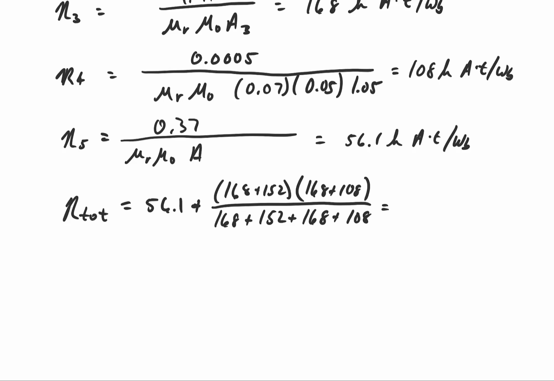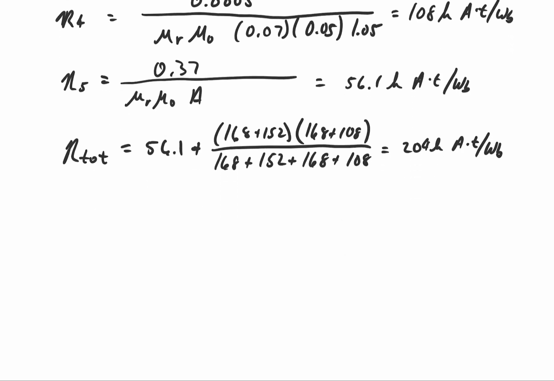And if I go through all this, and again, these are all thousands, I get 204,000 ampere turns per Weber. And now I'm in a perfect position to compute the total flux.